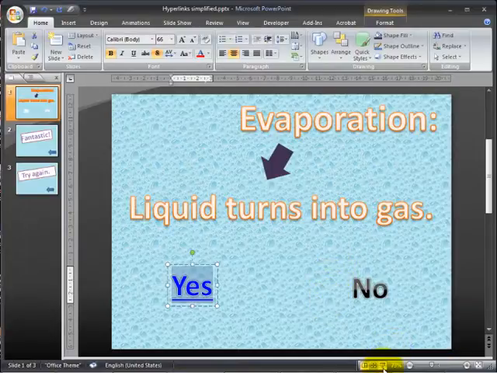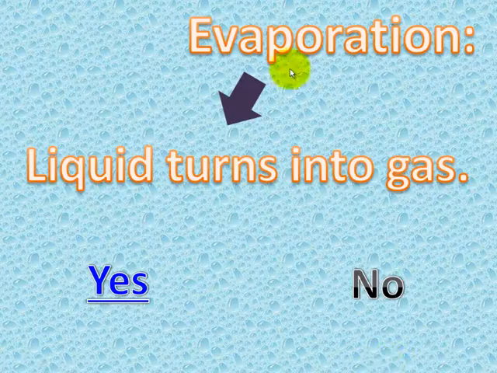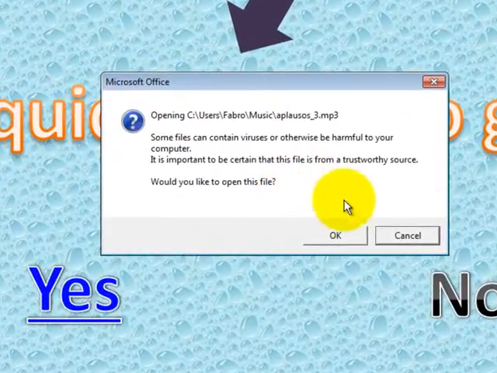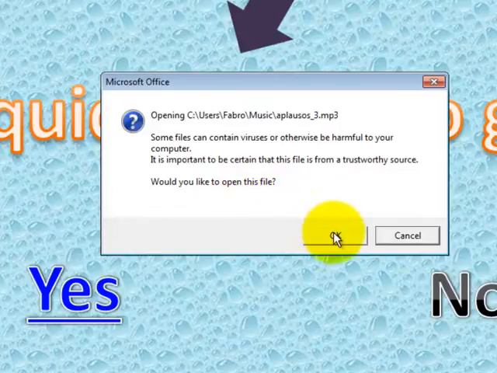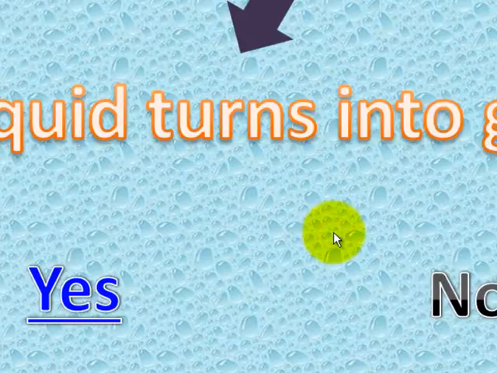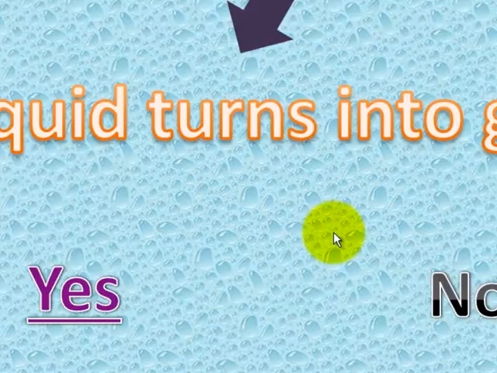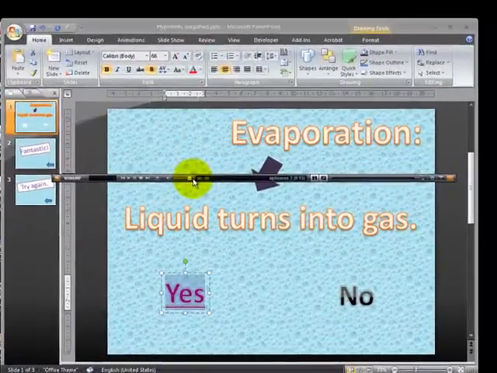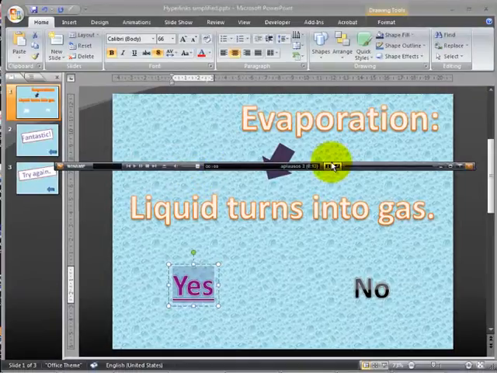If I go to the show function again, see what happens. When I click, this window will appear asking me for permission to execute this file, and if I press OK, it'll take some seconds. As you can see over here, the program I used to play music actually was already open.